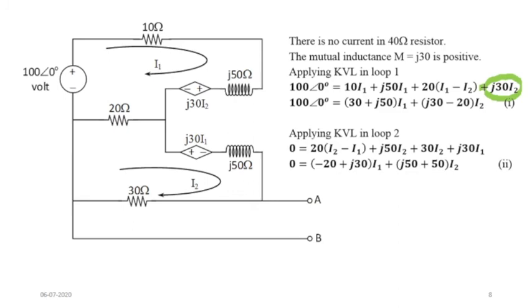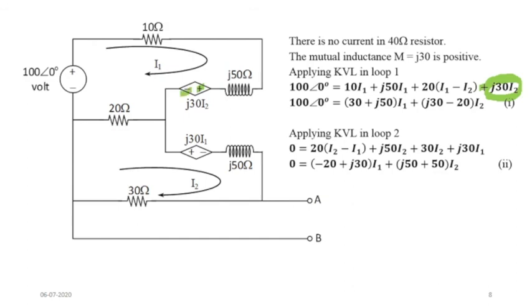This is written in the usual form by indicating voltage rises on the left hand side and voltage drops on the right hand side. So this J30 is indicating the drop, and therefore it is preferred that this sign would be positive and this sign would be negative.